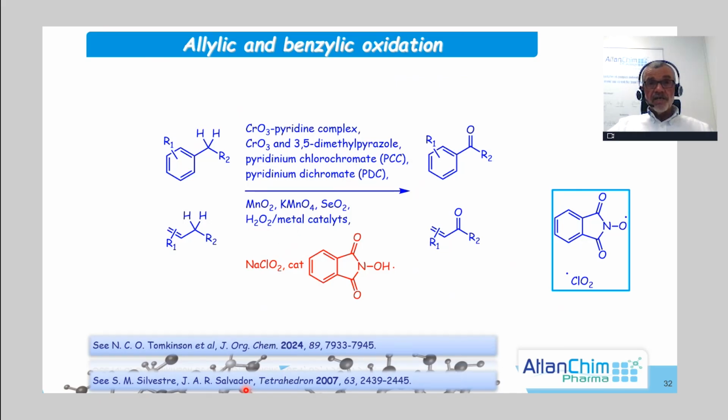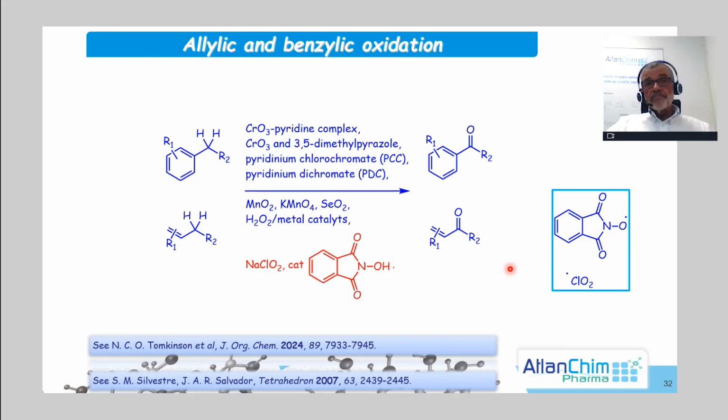Salvador has described various allylic and benzylic oxidation to the corresponding enone or benzoyl derivatives in good yields using sodium chlorite associated with N-hydroxyphthalimide as a catalyst. These oxidation reactions were performed under mild transition metal-free conditions.